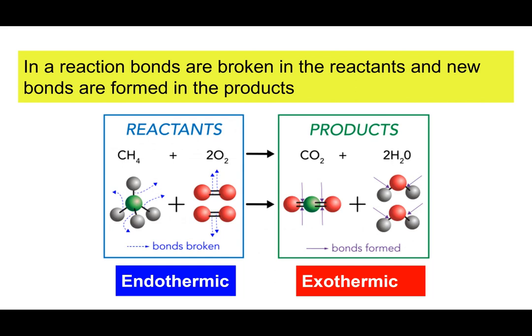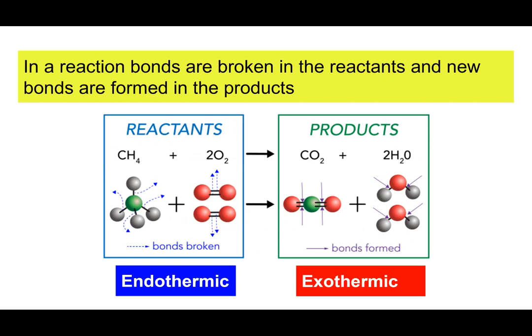So in a chemical reaction, bonds are going to be broken and new bonds are going to form. In my reactants, I'm going to need to break the bonds between the carbon and the hydrogens and break the bonds in the oxygen.